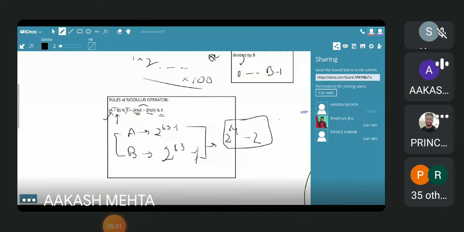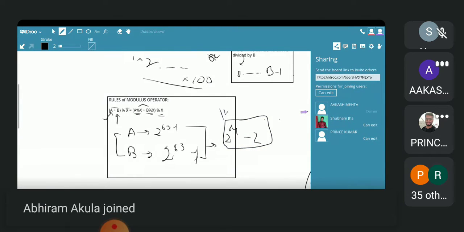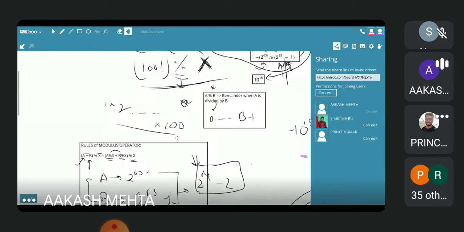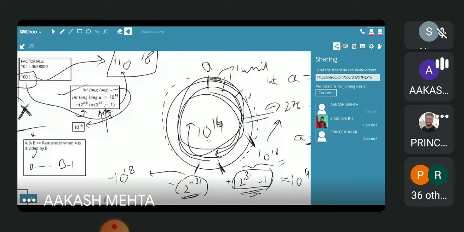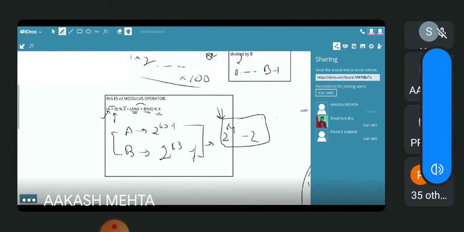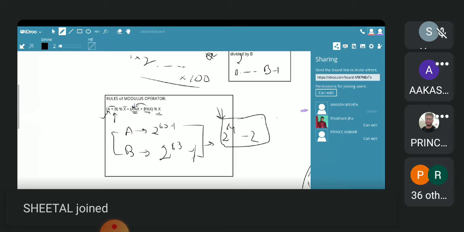You cannot just do a plus b modulo x, because first a plus b will be computed and then modulo will be taken. While computing a plus b, your computer won't recognize this 2 to the power 64 minus 2. It will just repeat that circle that we discussed and compute some negative integer for you. So what you have to do is first take a modulo x and make a in the range of x.